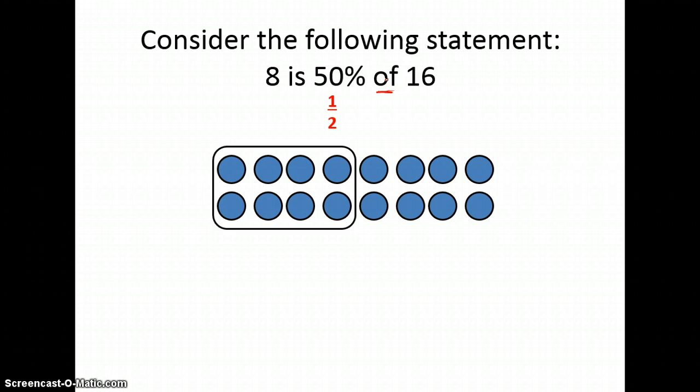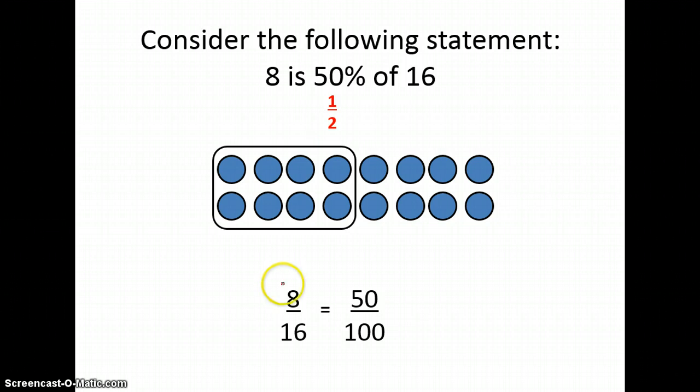But for now, "of 16" tells us that 16 is the total. So out of 16, 50%, which as a fraction is 1/2, is 8, because when I take half of 16, or half times 16, I get 8.